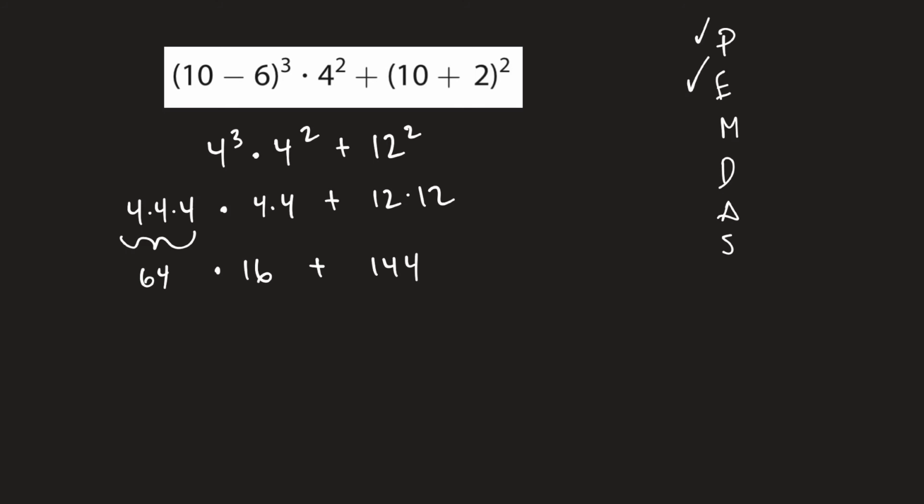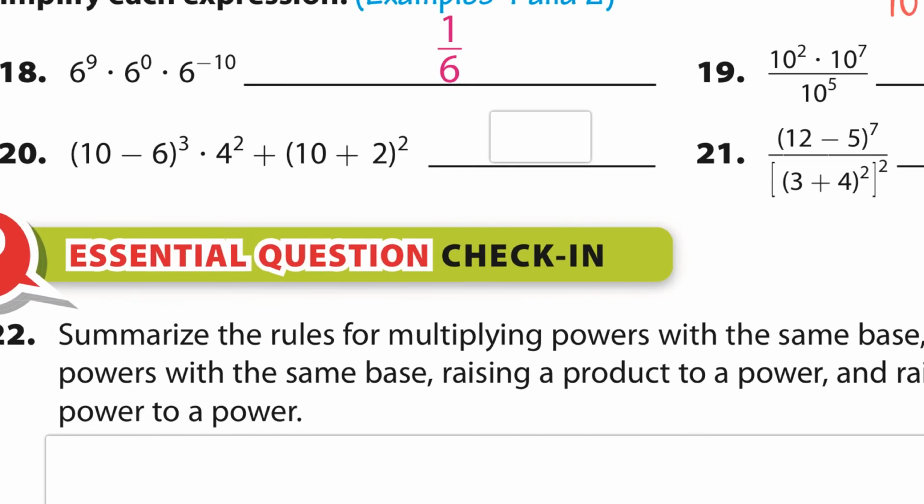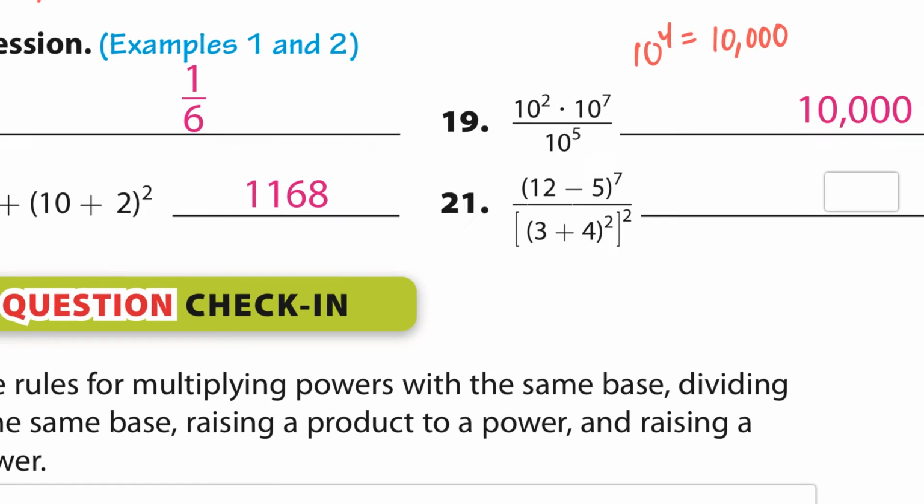Now I need to do 64 times 16. And 64 times 16 is 1024 plus 144. Let's see, that's going to be 8. That's 6. That's 1. 1168, I believe, is what our target is. So let's see how I did. 1168.